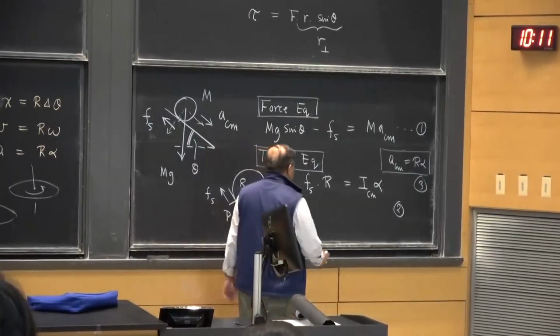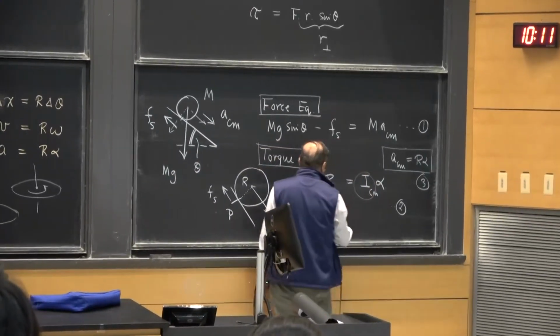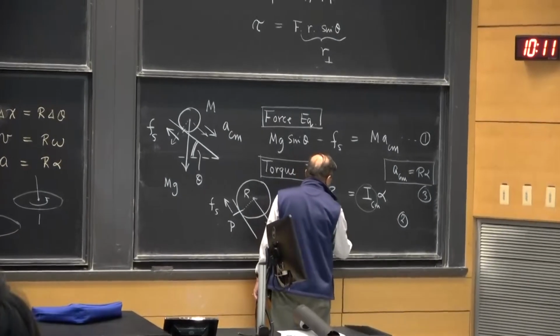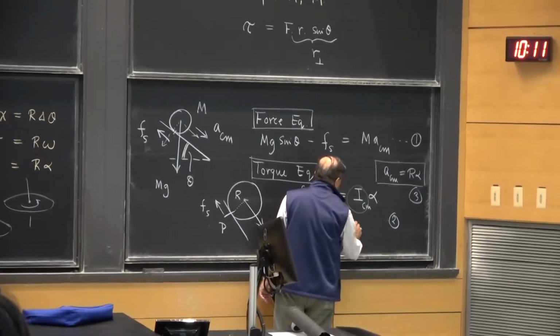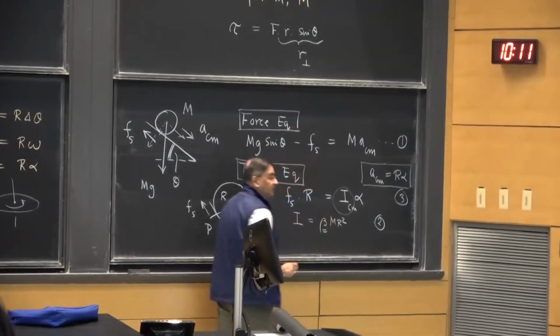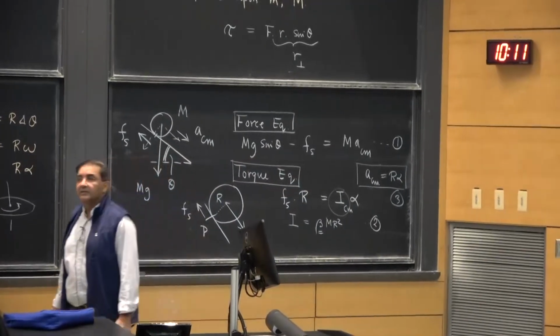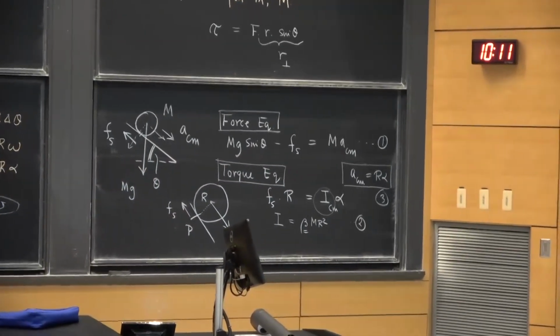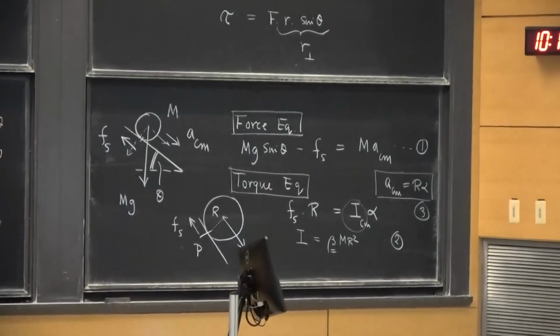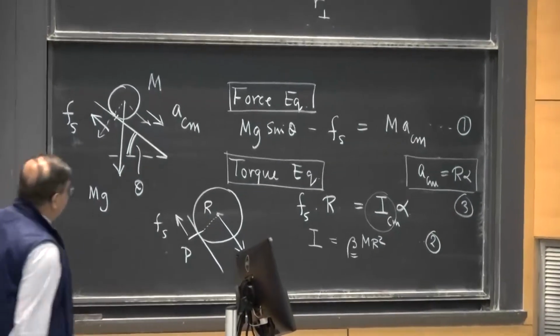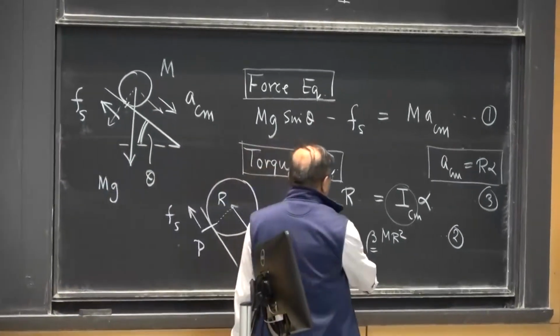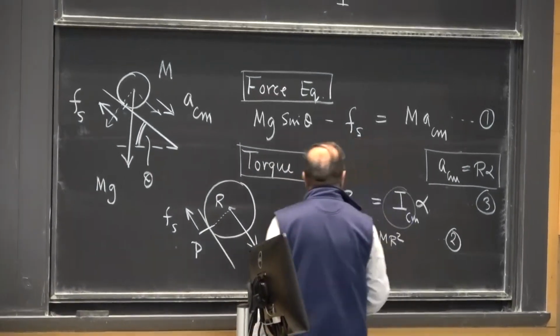So at this point, the next thing that you do is you replace what I is. So let's say I, in general, is some beta m r squared, but this beta depends upon the shape. For example, if it's a sphere, then your beta is 2/5, like we did before. If it's a disk, then your beta is half. So you stick that in, right?